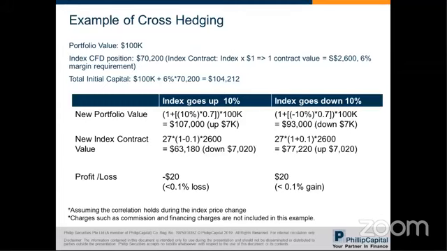Likewise, based on your calculations, your correlation is less than 1, meaning it doesn't move as much as the market moves. In this case, you need not put so much capital outlay for your index CFD position. You only put about 104K, as compared to the previous close to 106K.